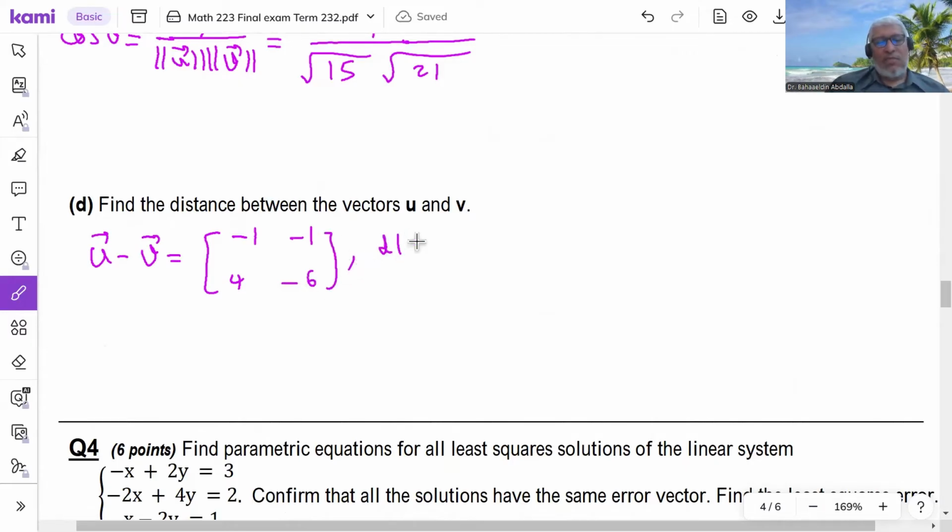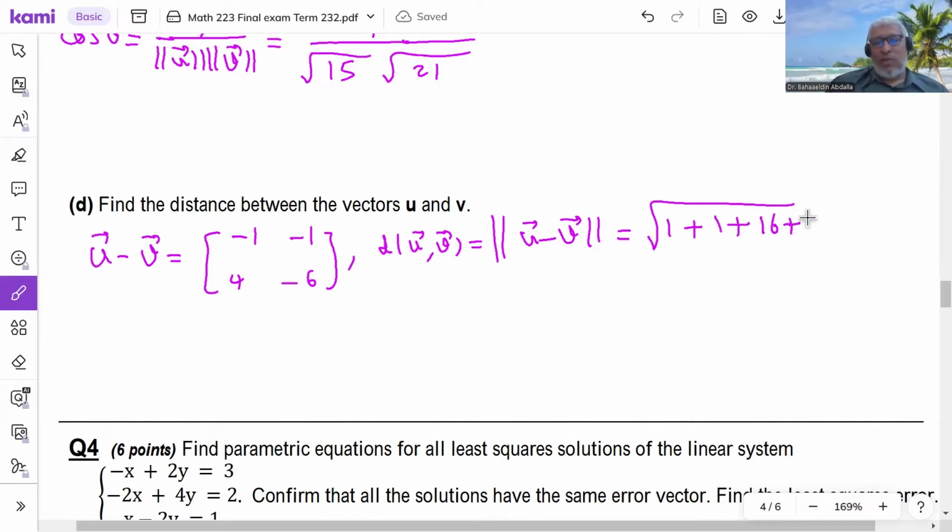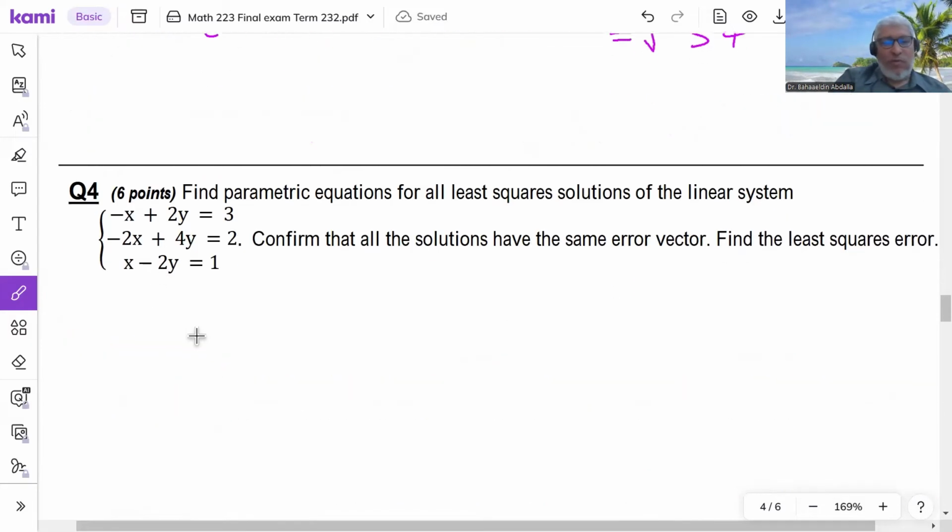Now the distance between u and v is the norm of u minus v. So it's the square root of negative 1 squared plus negative 1 squared plus 4 squared plus negative 6 squared. So it would be 16 plus 36, 40, 52, 54. The answer is the square root of 54.